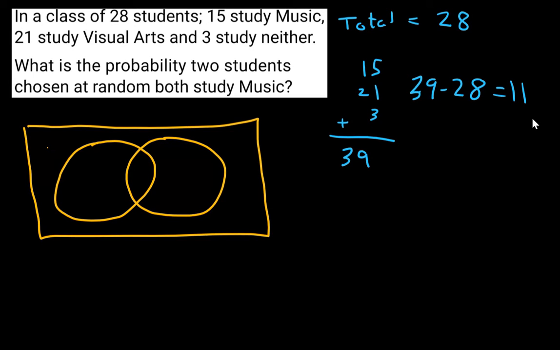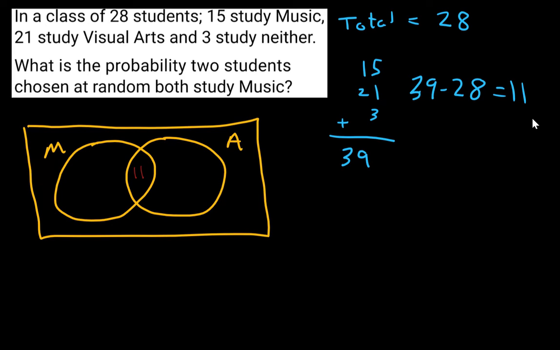Okay, so let's do music and art. Let's do 11. Okay, now we've counted that 11 as an extra one, so we need to subtract 11 from both music and visual arts.